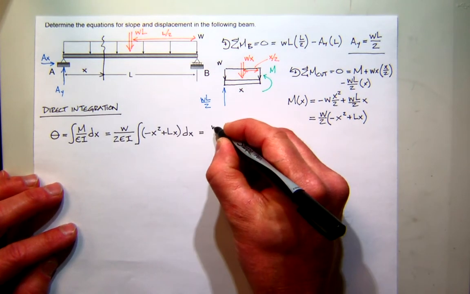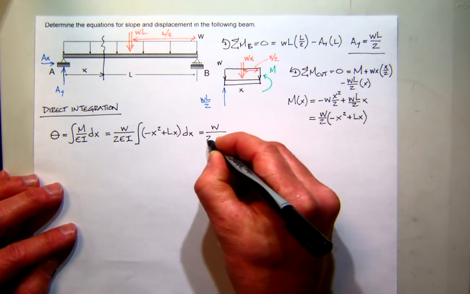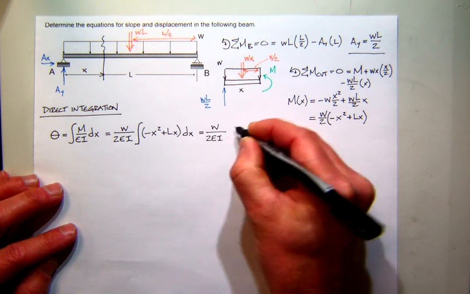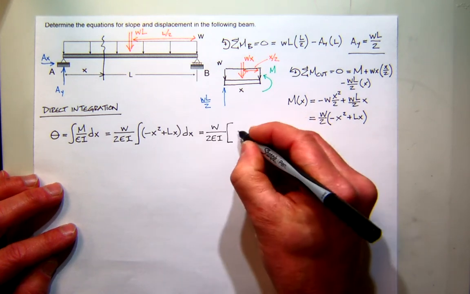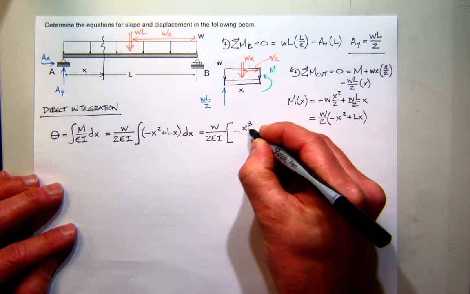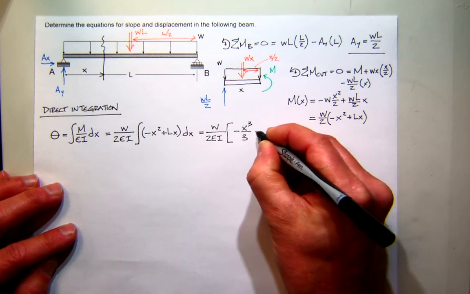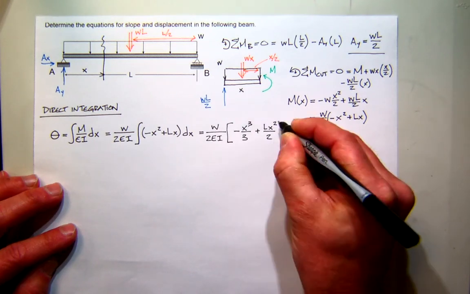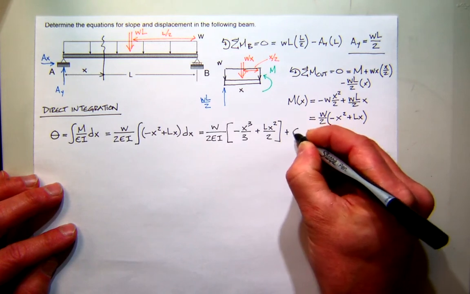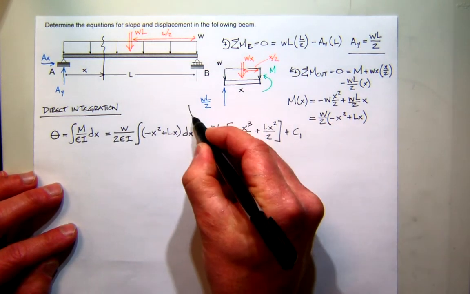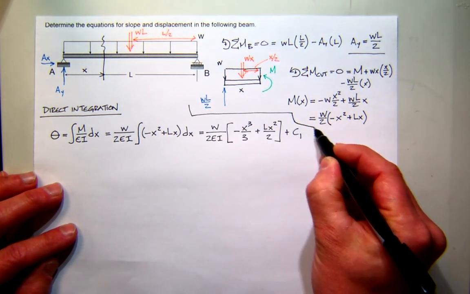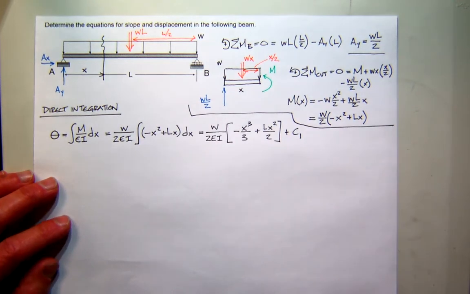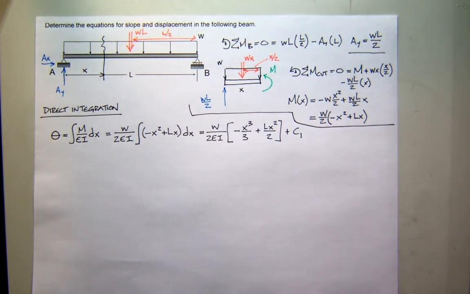So, constant still there, W over 2EI. And then now I'll do my integration. So I'll have minus x cubed over 3 plus Lx squared over 2 plus my first integration constant. Let me put a little line there to kind of help visualize it. Sorry about that, I got kind of crowded.